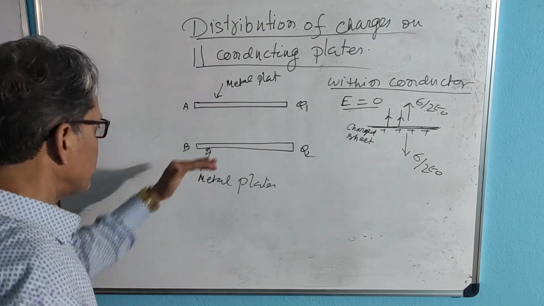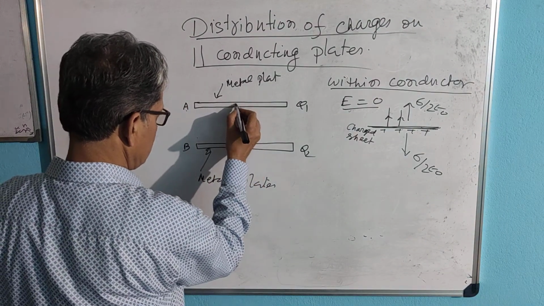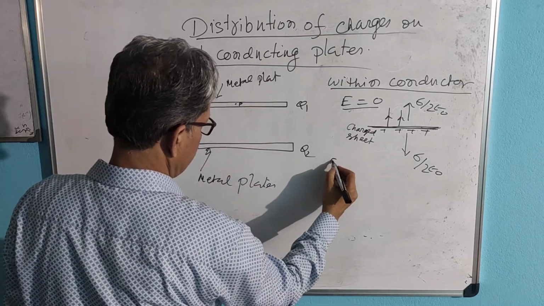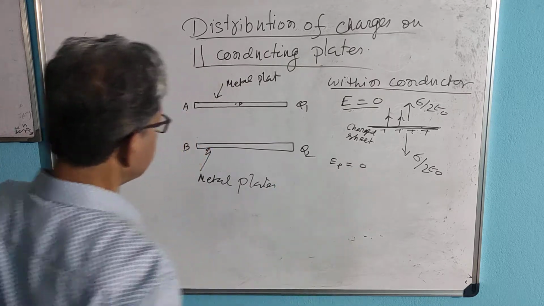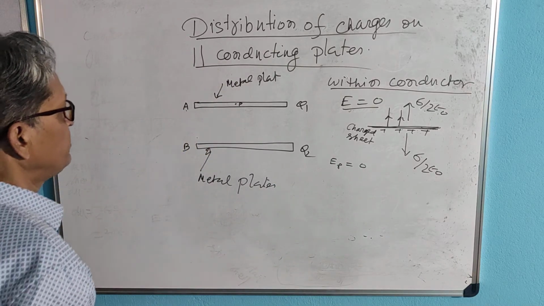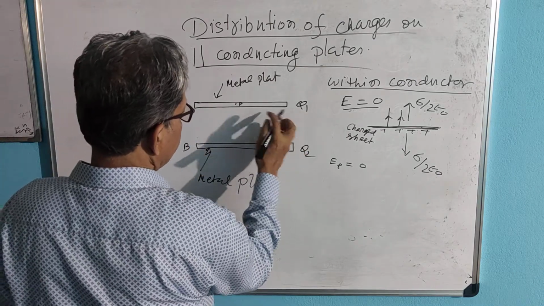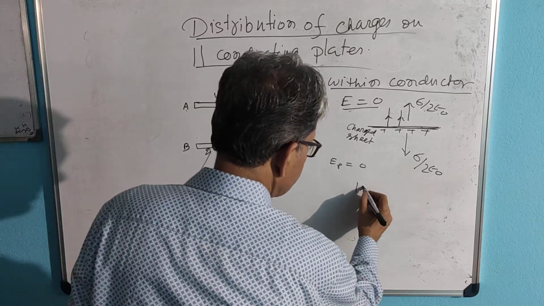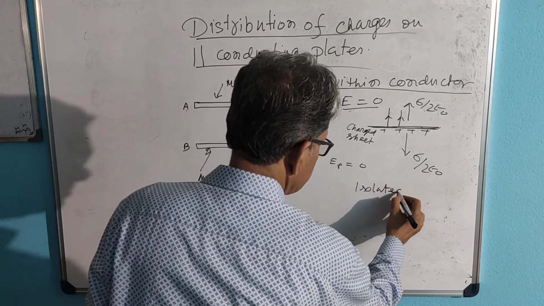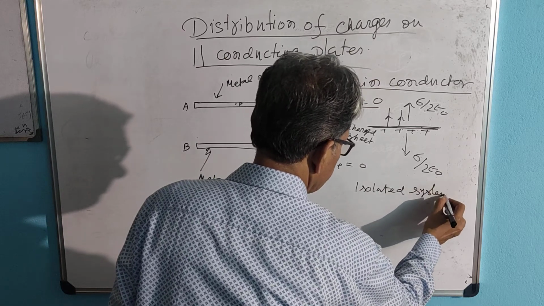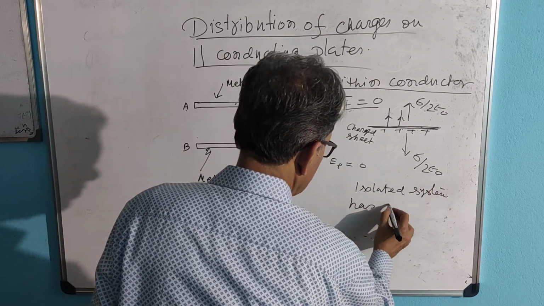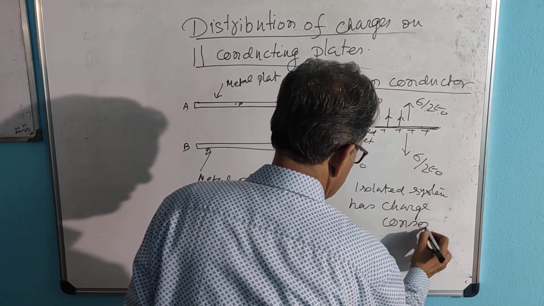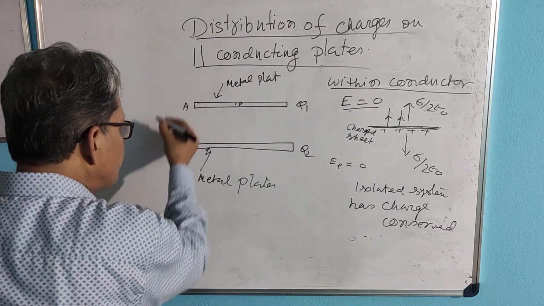Take any of the 2 plates, suppose this plate is taken. At point P, EP equal to 0. Another concept: an isolated system has charge conserved.